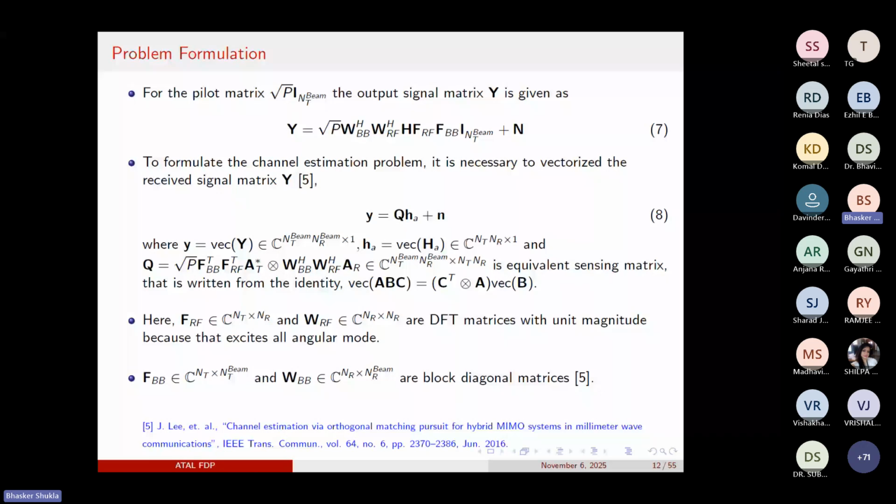For estimation purpose, I have taken the FRF and WRF as a DFT matrix because it has unit magnitude and different phases, so it excites all angular modes. And FBB and WBB are block diagonal matrices.